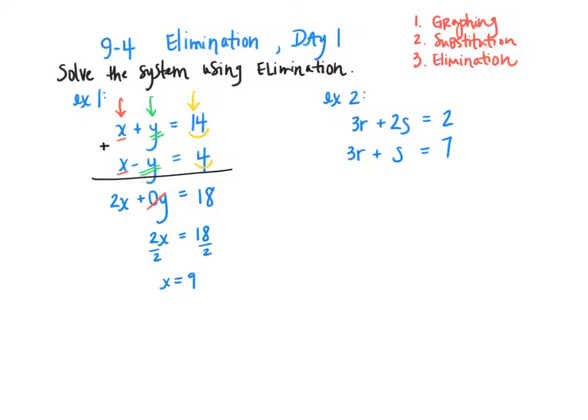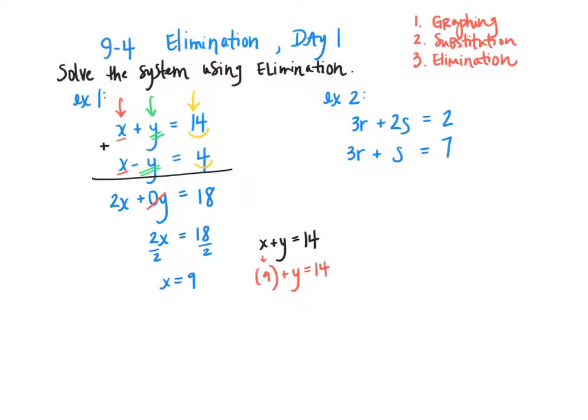Now we're not finished. We know the x value, but I still have to find the y value. So I pick the easiest equation for me. And so the easiest equation for me is x plus y equals 14. And then I plug in what I know. I know that x is 9. And I just need to find y.